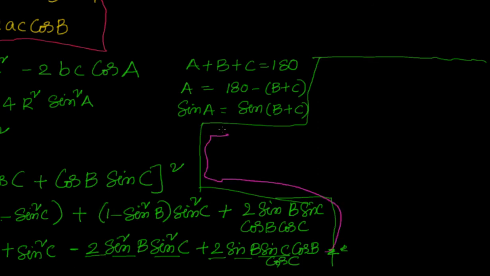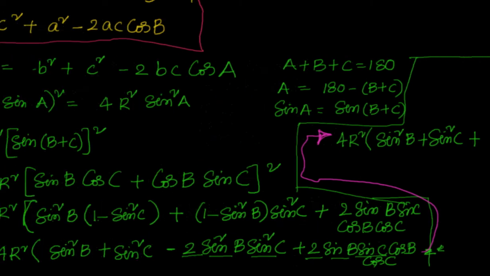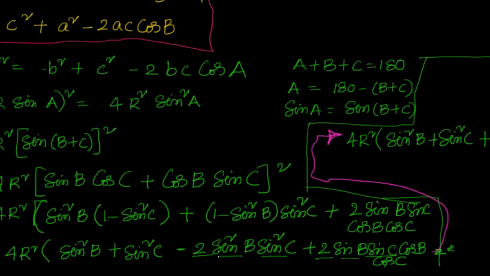Okay, pardon me for that. Now what is this? 4R square into sin square B plus sin square C plus, if you remember, I told you that I can take 2 sin B sin C common.